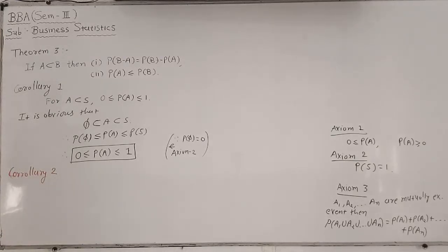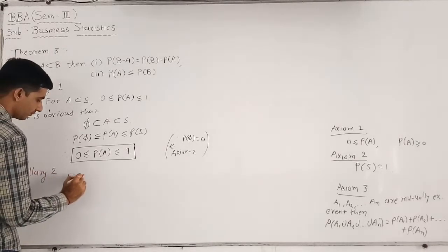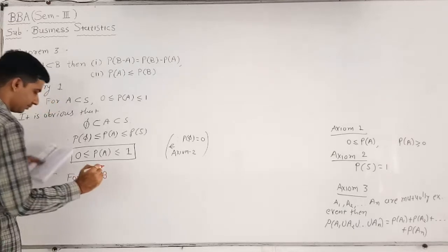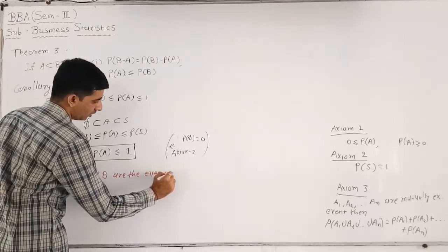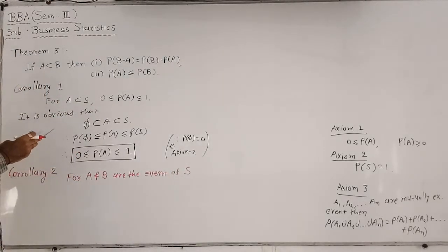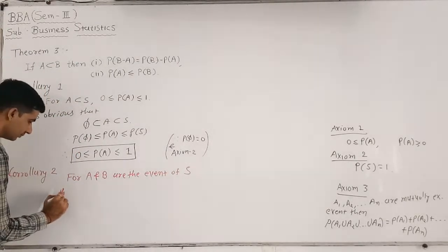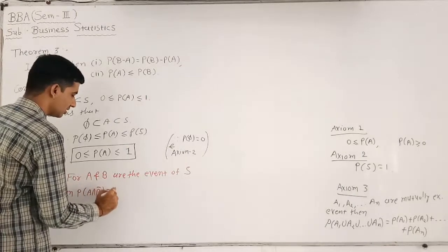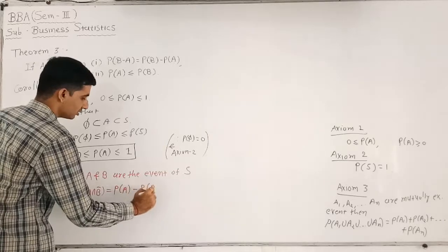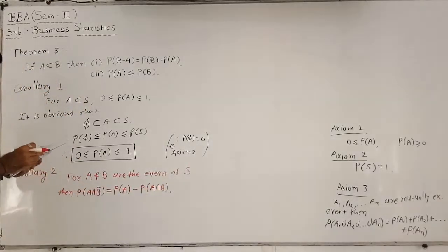For A and B events of S, then P of A intersection B bar is equal to P of A minus P of A intersection B. And second, P of A bar intersection B is equal to P of B minus P of A intersection B.